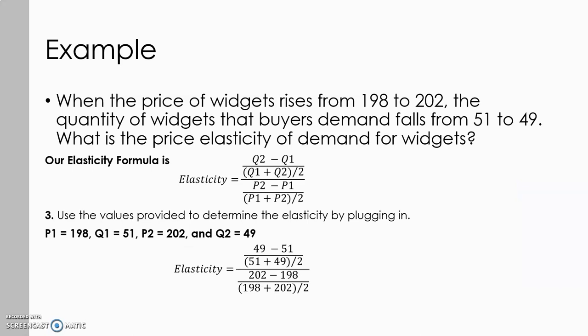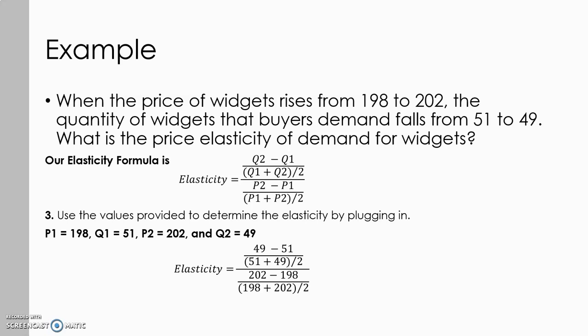Our elasticity formula is Q2 minus Q1 over (Q1 plus Q2) divided by 2. Since our Q2 is 49, that's our second quantity, and our Q1 is 51, we can rewrite the numerator as 49 minus 51.